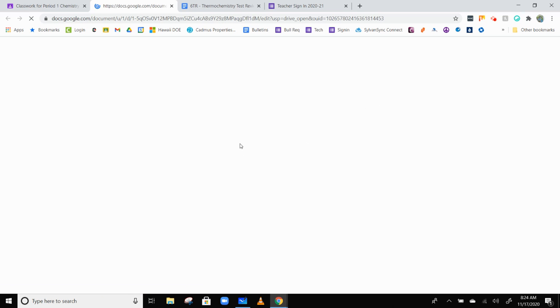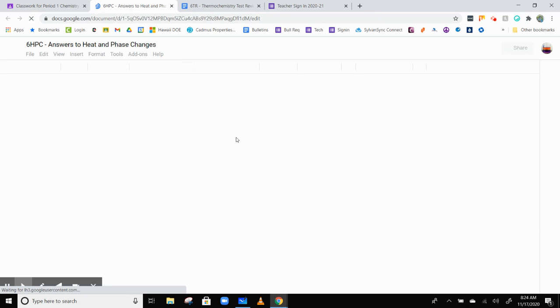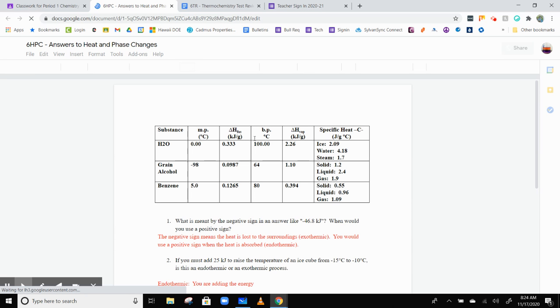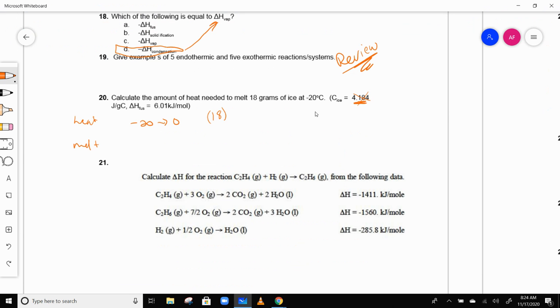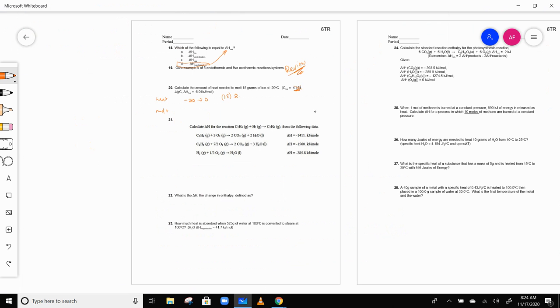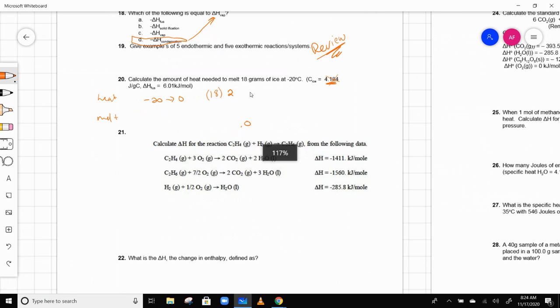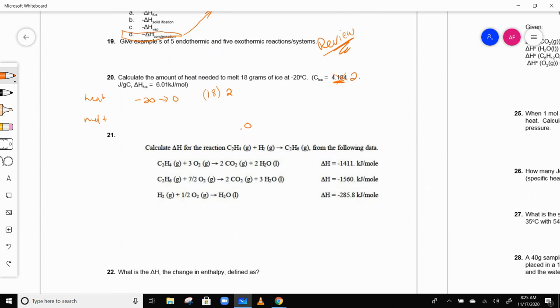So I'll have to change that on the worksheet here. If you did it with 4.184, it's fine. That's the one I gave you, but that's not really true. It is 2.09. So let's use the real one. So this should be 2.09.